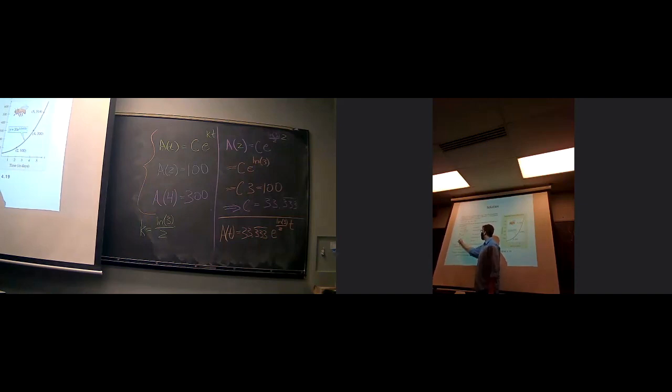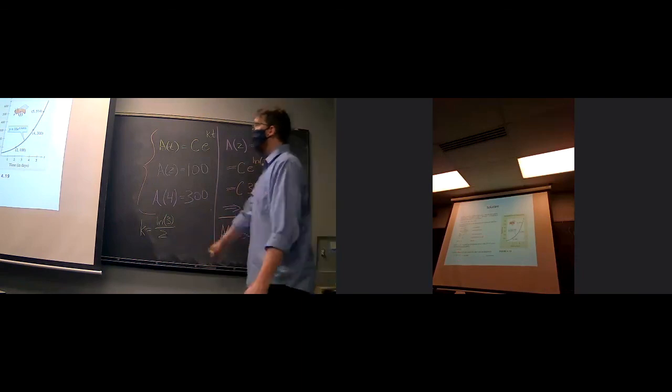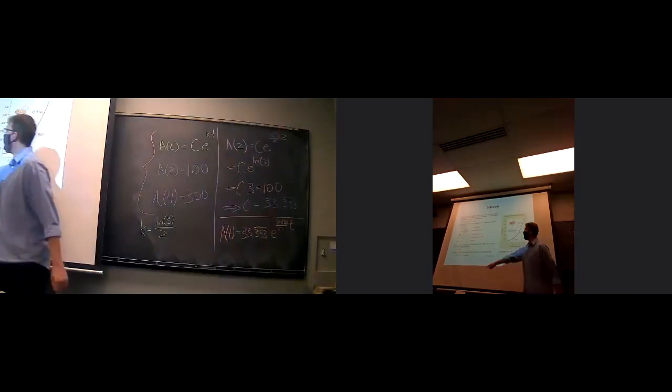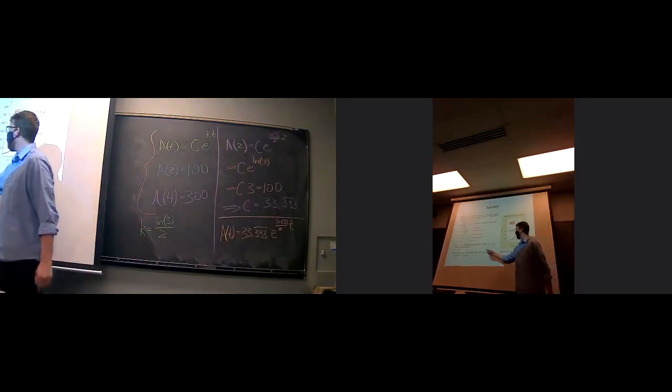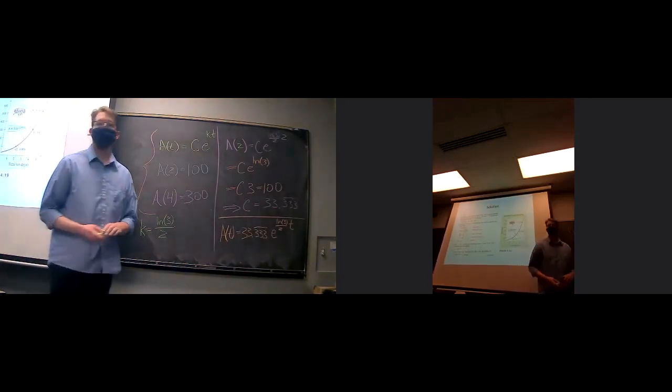Then once we apply the ln to both sides, we get that the ln of 3 is equal to 2k. Solving for k, k is going to be the ln of 3 over 2. And then using the data that we do know, we can solve the rest of this problem. So the process is long and arduous, but as you move through it a couple of times, it's going to become quick for you.